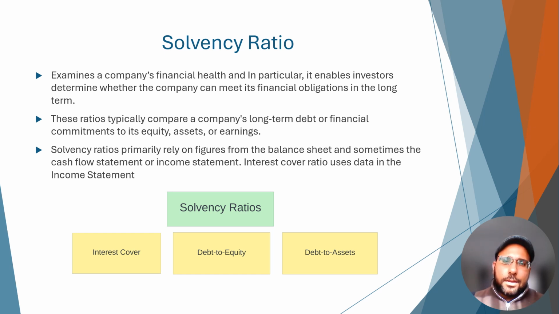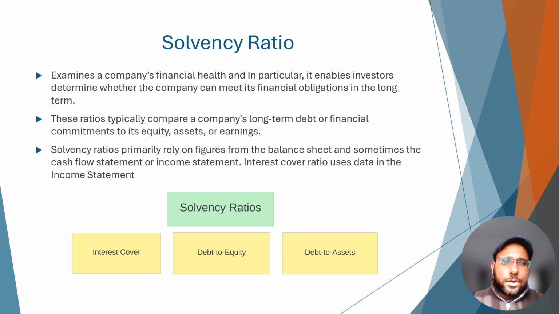So if you are doing this ratio, a higher interest cover is preferable. It means that the company is in a better position to meet its interest obligations and reducing the risk of default. So anything in excess of 1 is going to be perfect.